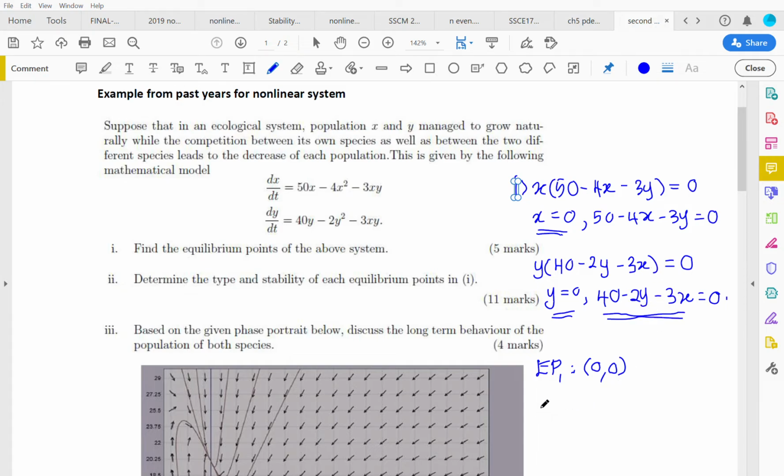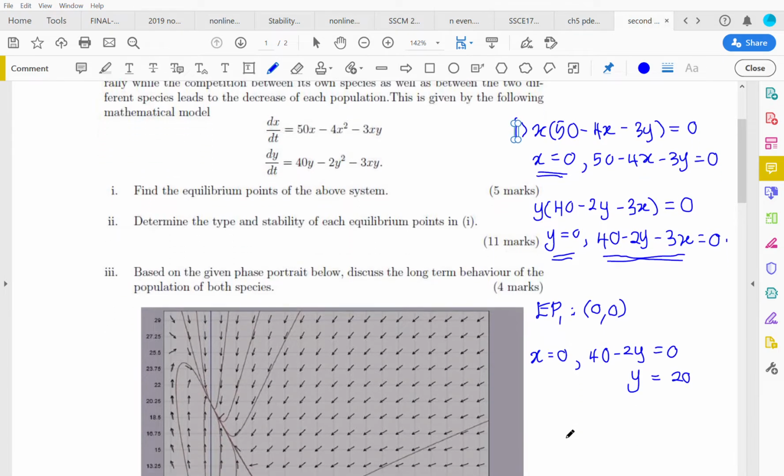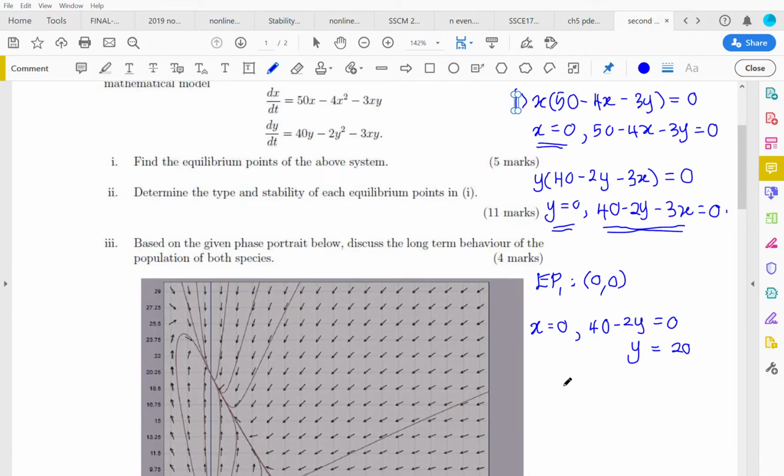When x equal to 0, we substitute into this equation and we have 40 minus 2y equal to 0. So y equal to 20. That will be the second equilibrium point: x is 0, y is 20. So this value pairs with this, and this value pairs with this.